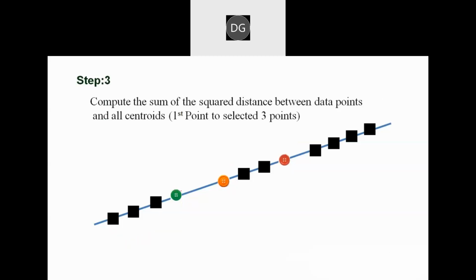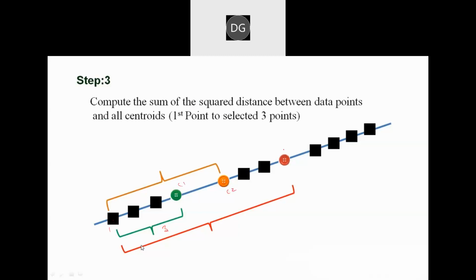Likewise, we will try to find the distance from each point to all the clusters available. For assumption, from this point to reach this point, it takes 3 points. To reach cluster 2, for assumption, I can say 4 points it has to cross.